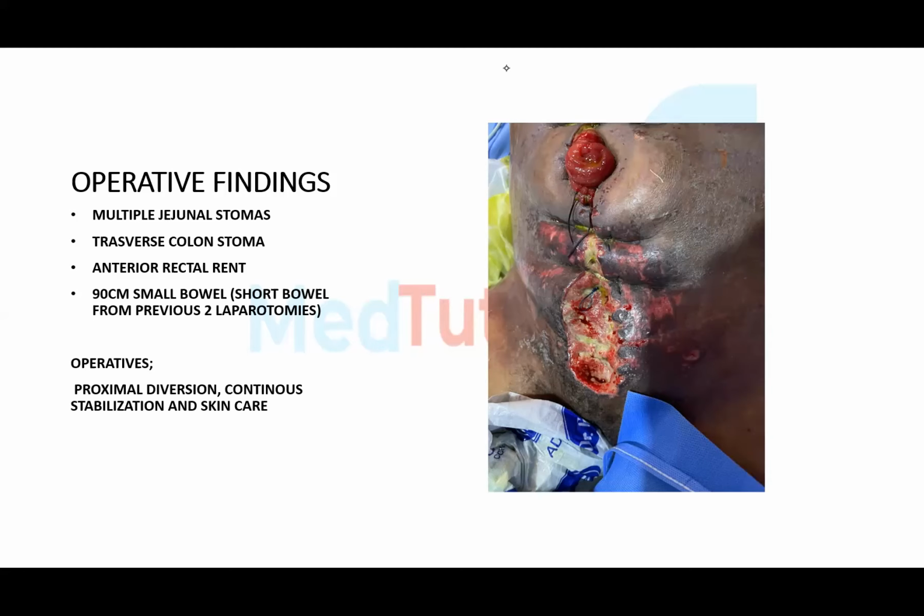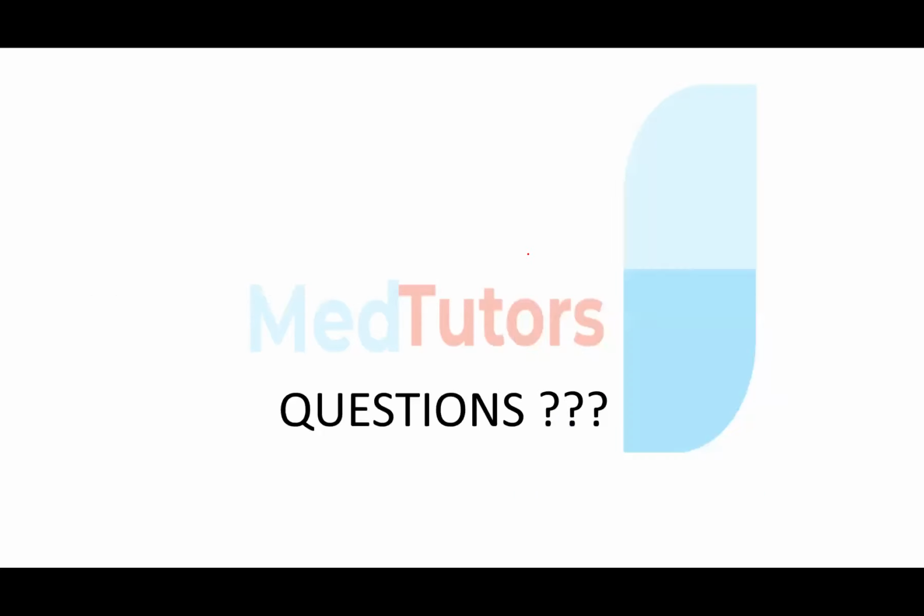They had resected most of her small intestine, and what is left of the jejunum was 30 cm from the ileocecal junction where absorption takes place, and that 30 cm has multiple stomas. So I just did a proximal diversion here. There's nothing I can do. Close the defects and start managing all the derangements she has.